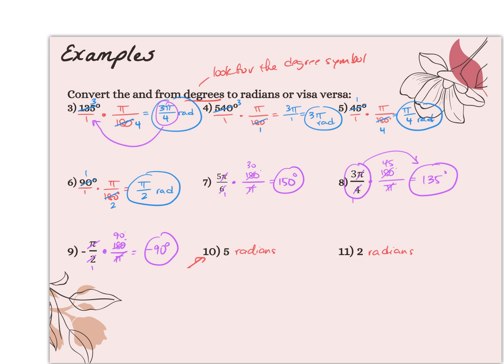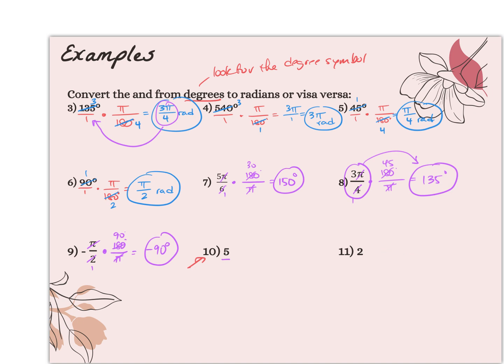Now here I know this looks a little weird because, again, this is in radians, but the process is still the same. It's 5 radians over 1, let's say, times pi in the bottom and 180 degrees at the top. My radians are going to cancel. And again, you don't really have to write radians, I just know it is.